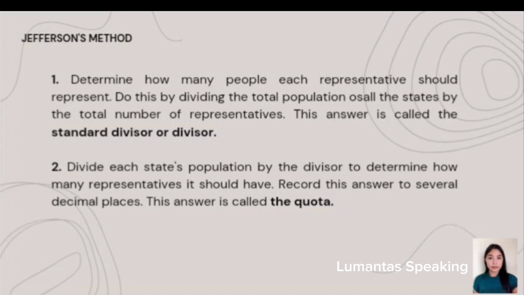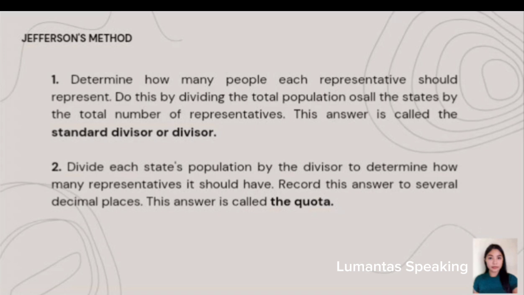Once we have the standard divisor, we proceed to the next step, which involves determining the allocation of representatives to each state. This is done by dividing each individual state's population by the standard divisor computed in the first step.